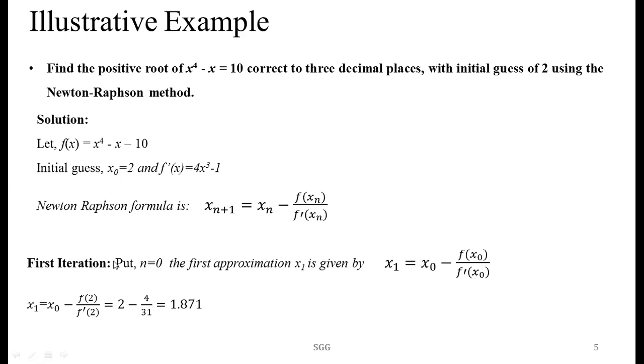Now for the first iteration, put n is equal to 0. We get x1 is equal to x0 minus f of x0 divided by f dash of x0. Substituting the corresponding values, x1 is equal to 2 minus f of 2 divided by f dash of 2. Substituting f of 2 is 4 and f dash of 2 is 31, we get x1 is equal to 1.871.